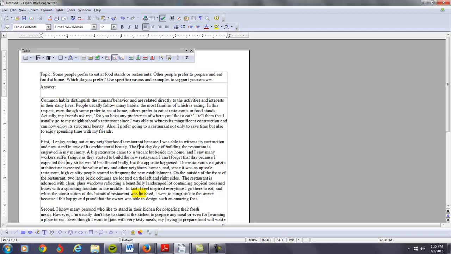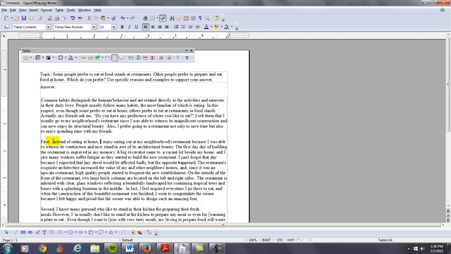Alright, let's check the paragraph one more time, make sure we're good. And what are we doing here? I'm putting this in there in the beginning first. Instead of eating at home, I enjoy eating out at my neighborhood's restaurant because I was able to witness its construction and so on.